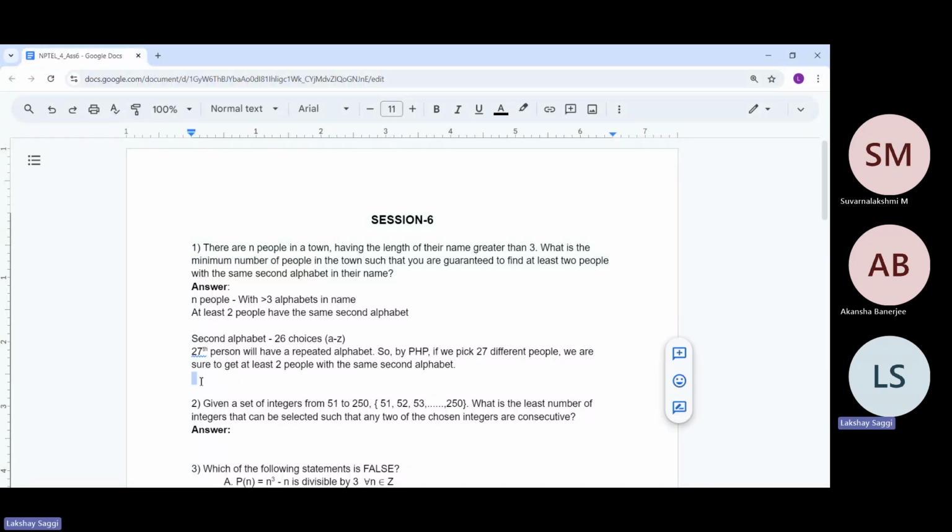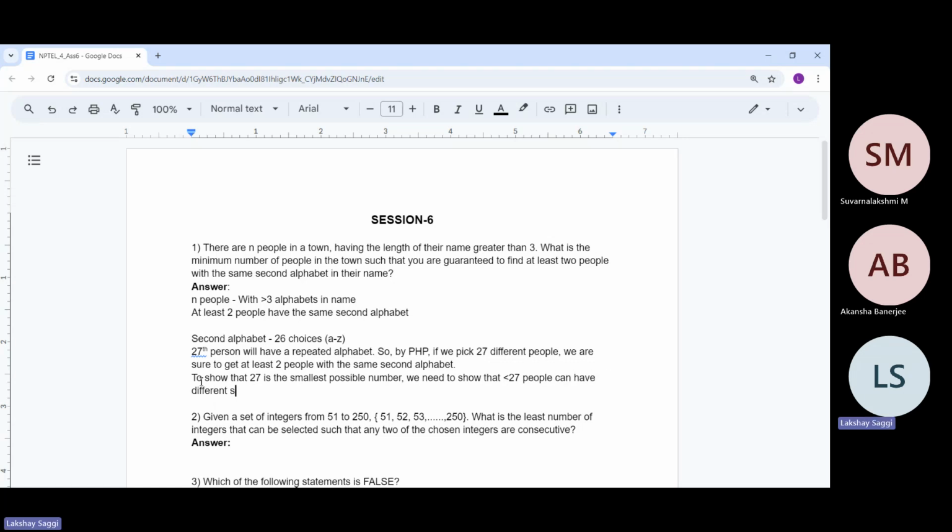So effectively, to show that 27 is the smallest possible number, we need to show that fewer than 27 people can have different second alphabets.